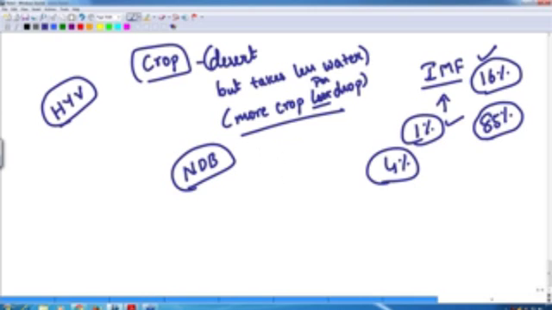New development bank, they don't want to have any such disparity in the voting.